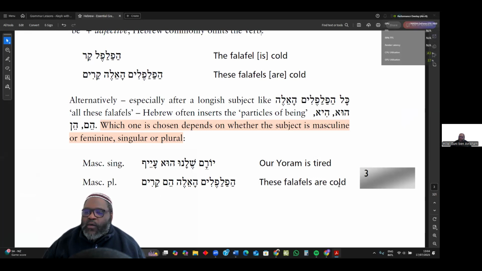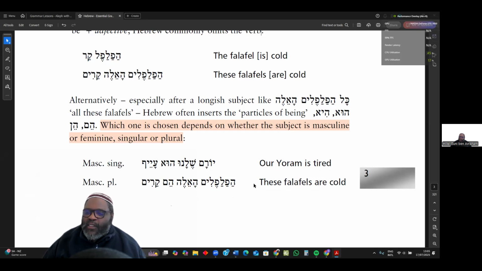One last sentence, it says, Ha-falafelim ha'ele hem karim, which also means the same thing. These falafels are cold. But now we have hem. Ha-falafelim ha'ele hem in English is these falafels, because we have these, ha'ele. These falafels, they are cold. In West Indian English or in Creolese English from the Caribbean, it says, these falafels, them are cold. In a Jamaican accent.